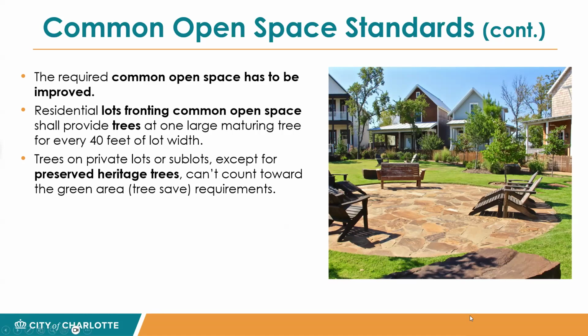We are also preserving heritage trees: if you save a heritage tree, you can count it towards the green area tree save requirement. This is a slight change from earlier drafts. We heard that protecting our existing heritage tree canopy is really important, so that is the one exception where you can count that towards a requirement. Next slide.